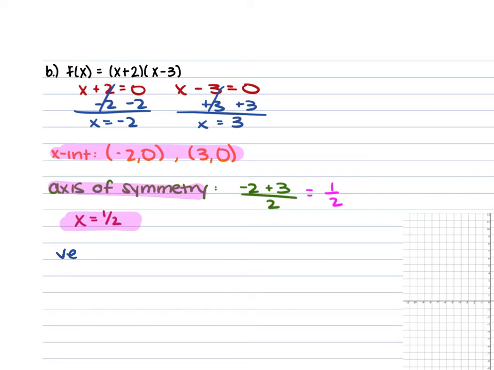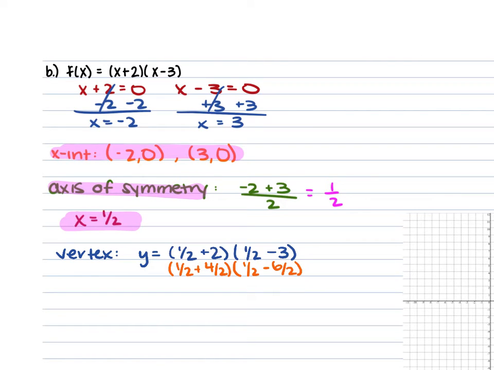So for your vertex, we're going to have y is equal to 1/2 plus 2 times 1/2 minus 3. Remember, when you're adding and subtracting fractions, you need like denominators. So both numbers have to be over 2. So this is going to be 1/2 plus 4 over 2 times 1/2 minus 6 over 2.